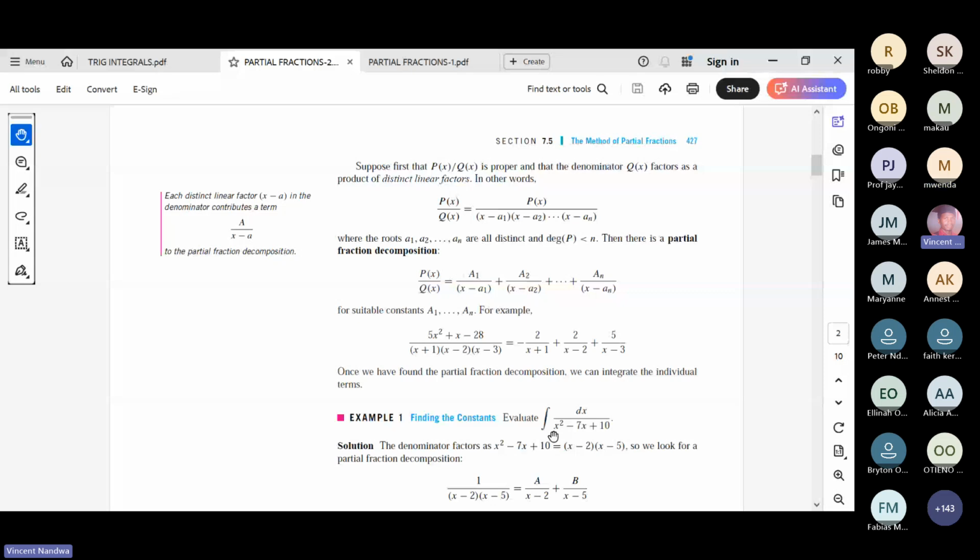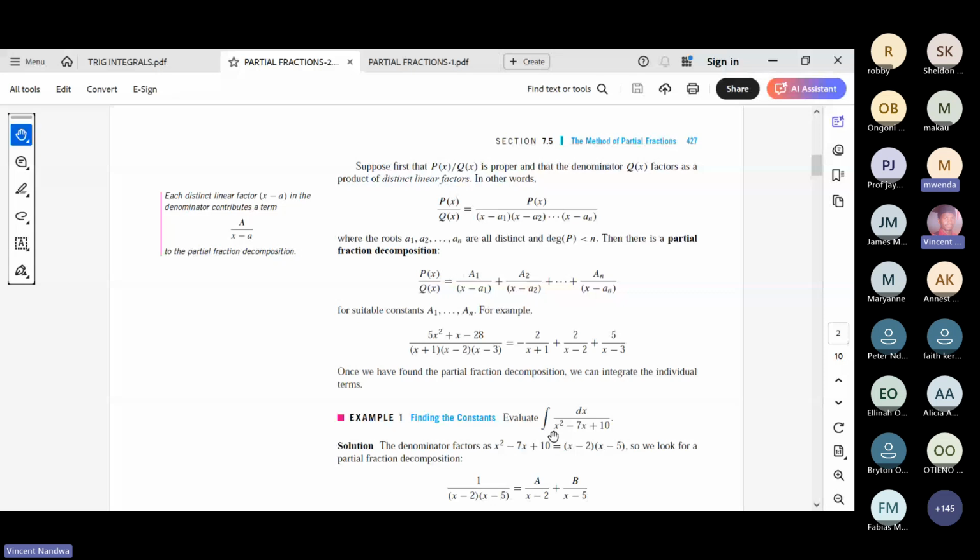You can clearly see that this quadratic can be factorized as a product of two linear terms: x squared minus 7x plus 10 is the same as x minus 2 times x minus 5. So your given integrand can be written as two partial fractions, A over x minus 2 plus B over x minus 5.